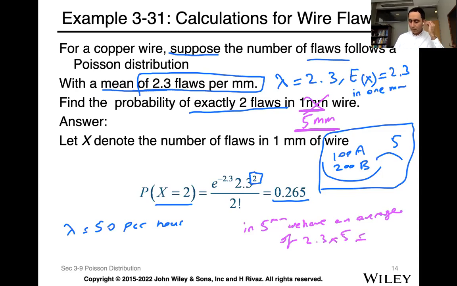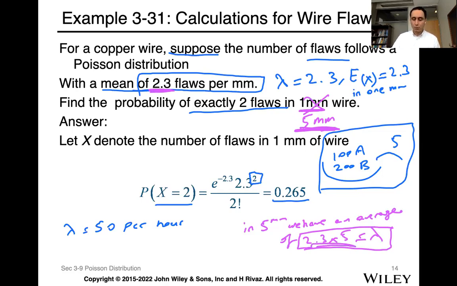That's basically the key point. If I change the length from 1 millimeter to 5 millimeter, we have to recalculate lambda. Lambda is the average number of flaws per whatever length you're looking at. So if you're looking at 5 millimeter, the average number of flaws is no longer 2.3, it's 2.3 times 5.